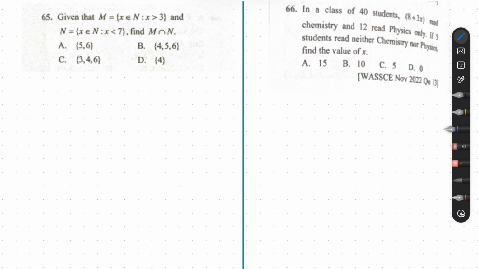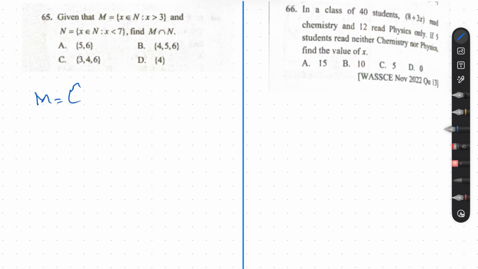It says, given that M is equal to the set of s, a member of N, and s is greater than 3, and then N is equal to the set of x, an element of N, and x is less than 7, find M intersection N. So let's write down the set for M and N. M is equal to the set of natural numbers.